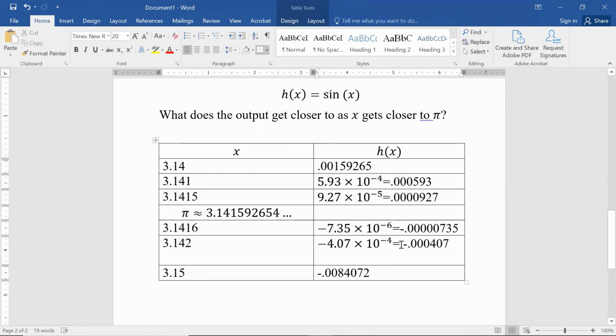So the question is, what is this getting closer to? As we get here, notice these numbers are getting smaller and smaller in terms of absolute value. This is getting closer and closer to 0 on the negative side. This is getting closer and closer to 0 on the positive side.